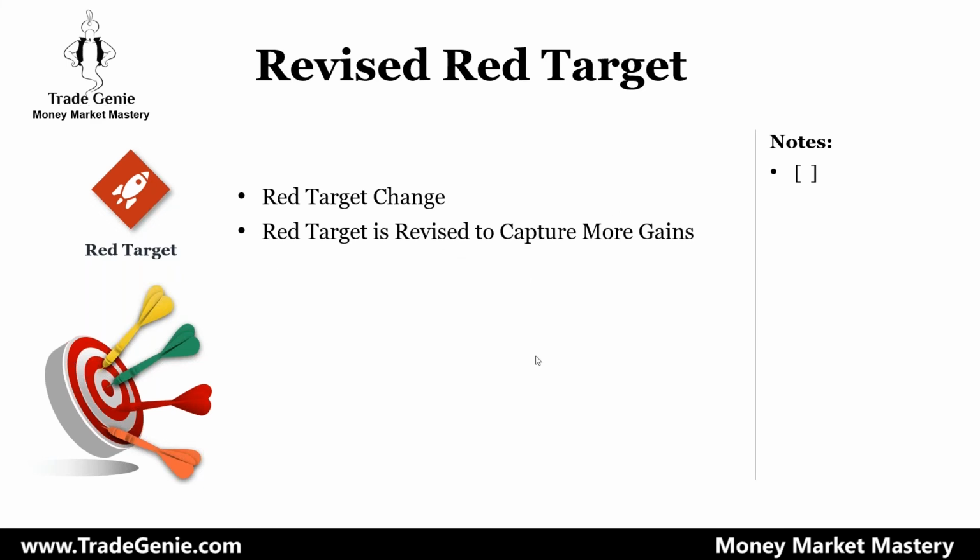When the red target is getting revised, there are many reasons for the red target to be revised. Let's say in the pre-market, the market is way, way up. Everything is moving up. And this is the stock. So what we do, we analyze our positions during pre-market hours. I come to the office at 5:30 and I go through all the open positions I have, all the targets we have, and compare with where the prices are.